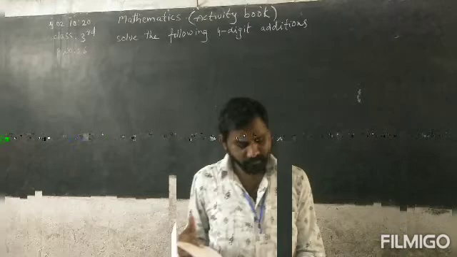Listen carefully. The given numbers, write in column wise. Then first we add the digits in ones place. This is ones place, this is tens place, this is hundreds place, this is thousands place. First we add the digits in ones place.